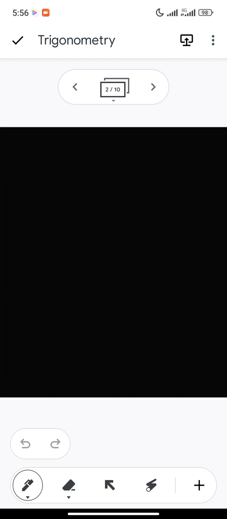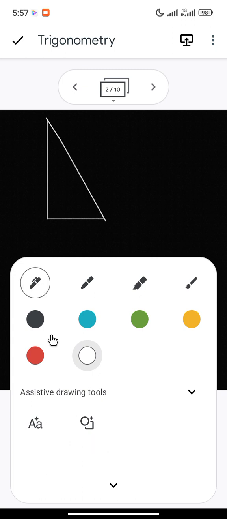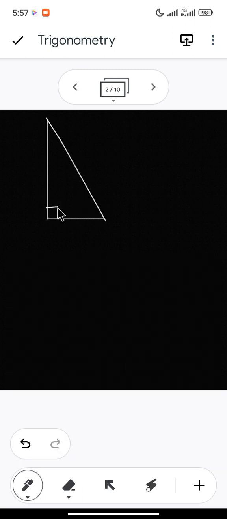Now for instance, let's say our right angle triangle has a hypotenuse of 5, a reference angle theta, and an adjacent of 4.